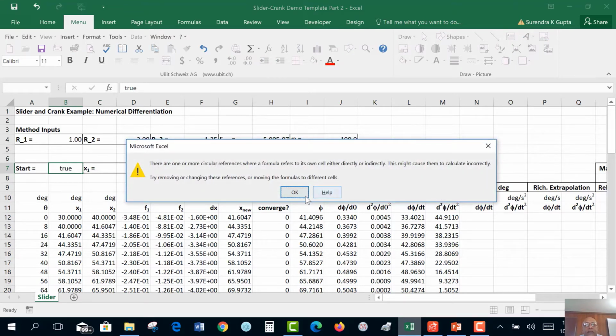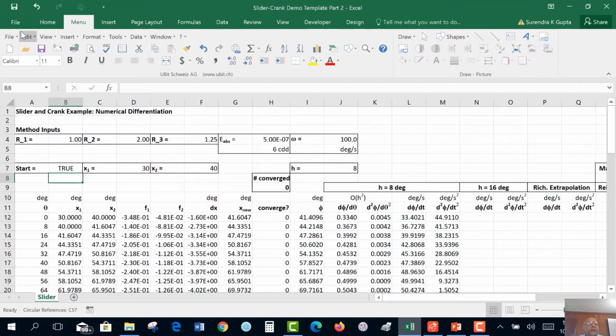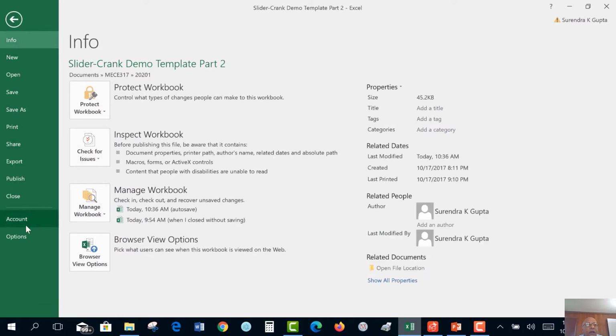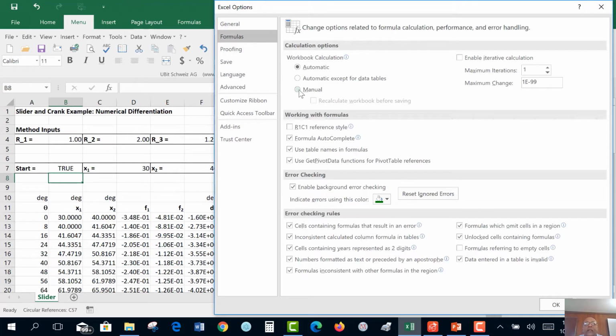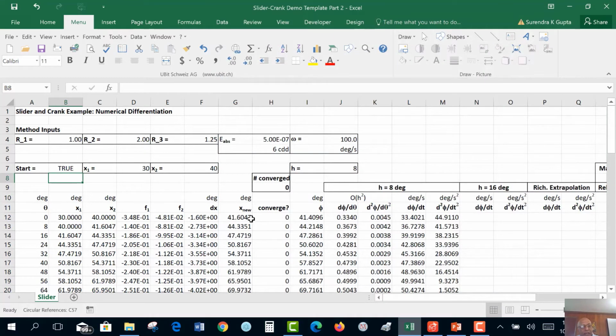We got these errors. So we went to File, Options, Formulas. We set it up in manual mode, enabled iterative calculations. And then we pressed F9: 2, 3, 4, 5. And in 5 iterations, we converged.